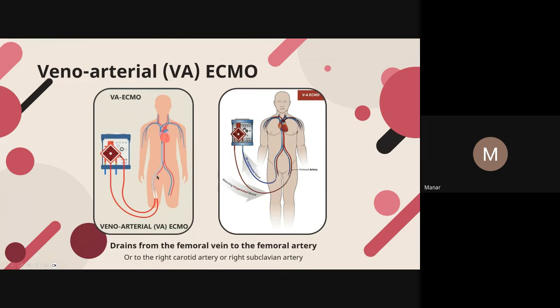The blood drains from the femoral vein, goes into the machine, and then drains into the femoral artery, or the right carotid artery, or the right subclavian artery. So as we can see, we take blood from a vein and then return it back to the artery opposite to that vein. And this is just another picture to demonstrate that we can place the return cannula in this one or this one.